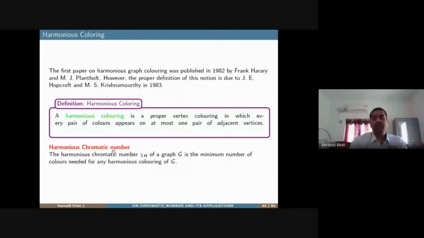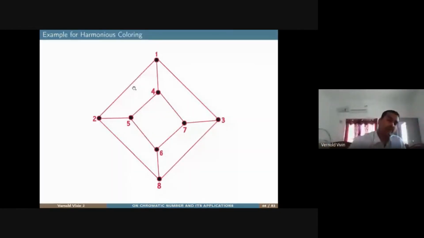The first paper appeared in 1982 by Frank Harary and M.J. Plantholt. The proper definition is due to Hopcroft and M.S. Krishnamoorthy in 1983. Next I give an example. Here you can see a proper graph coloring example: 1, 4, 1, 3. So this 1, 4 pair will not be repeated anywhere else.